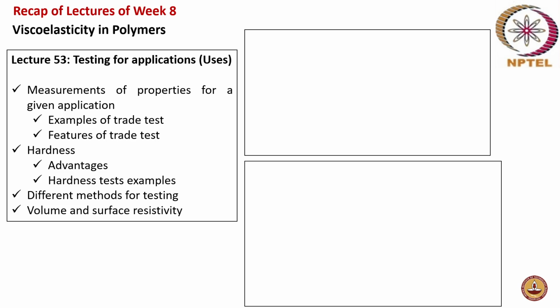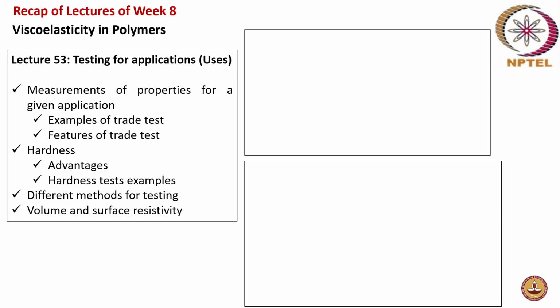One trade test discussed in the lecture was on hardness. Different hardness testing methods were discussed, and if you could remember, these methods had values between 1 and 100 to give an idea on the hardness of the material being tested.